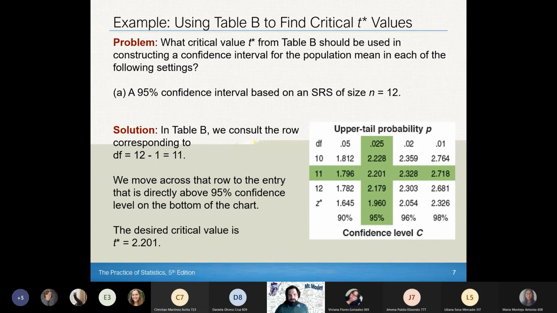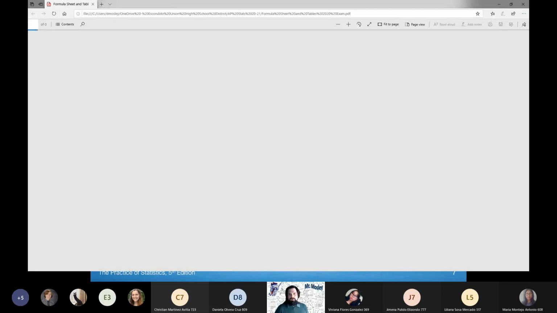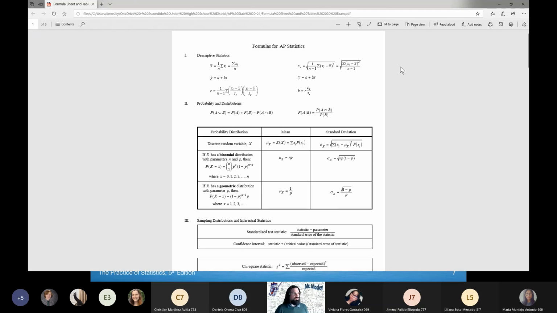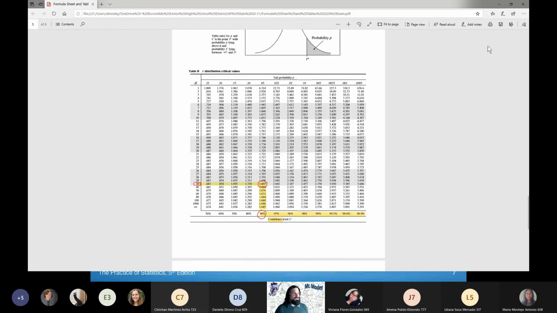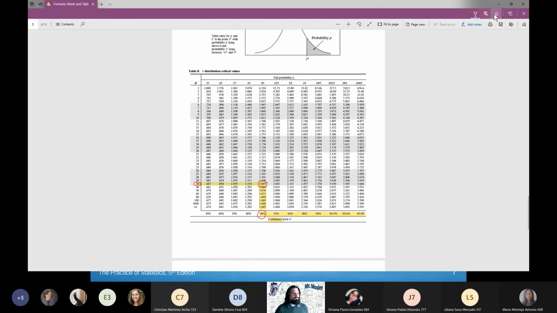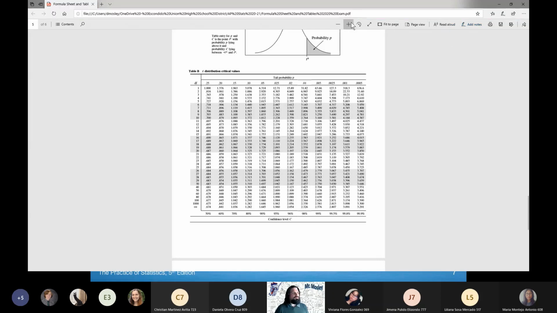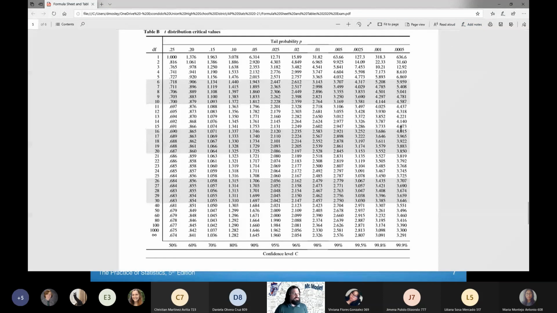Let's look at the full table B real quick. This is table B, the version you will get on the AP exam among the things you're allowed to use.